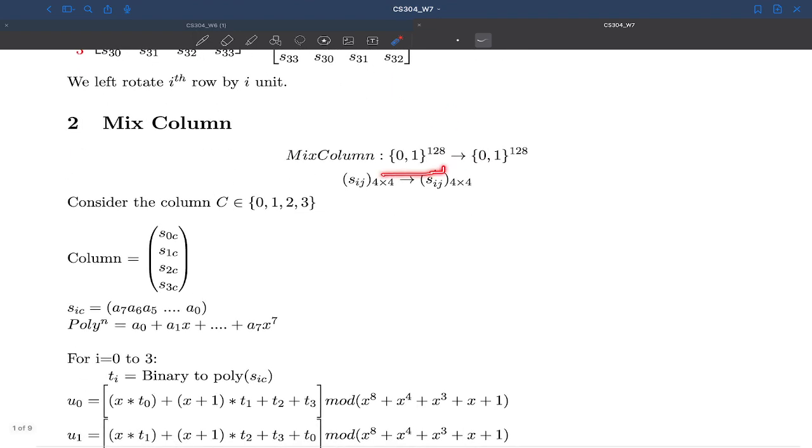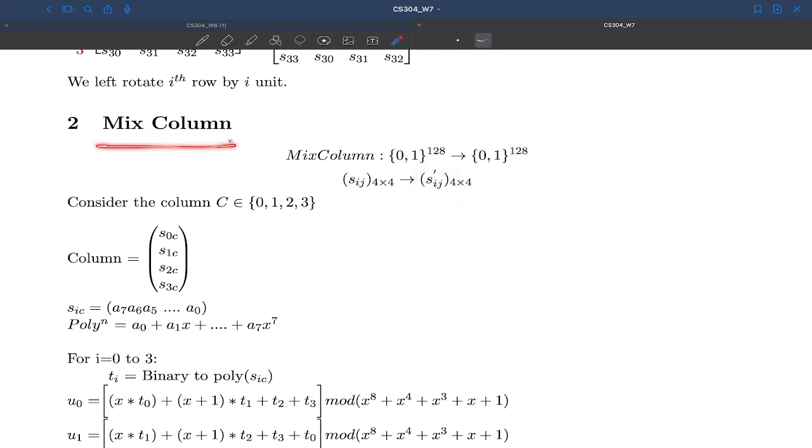Again we map a 128-bit input to a 128-bit output. We have an Sij 4x4 matrix, and we transform it in mixed column and get a new, transformed matrix, which I'm denoting with S dash.